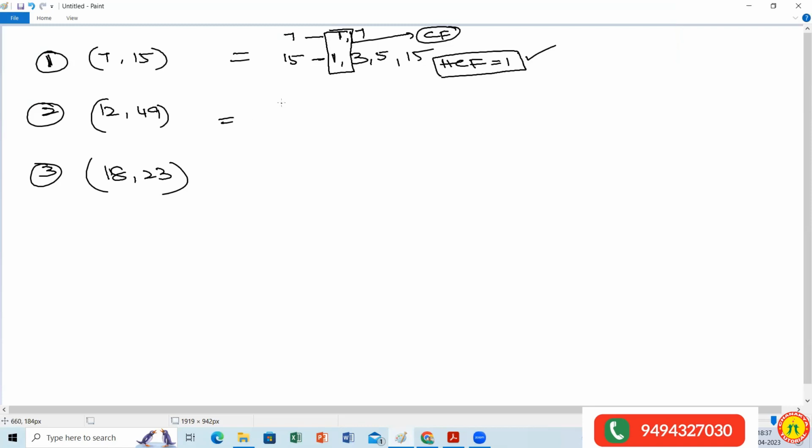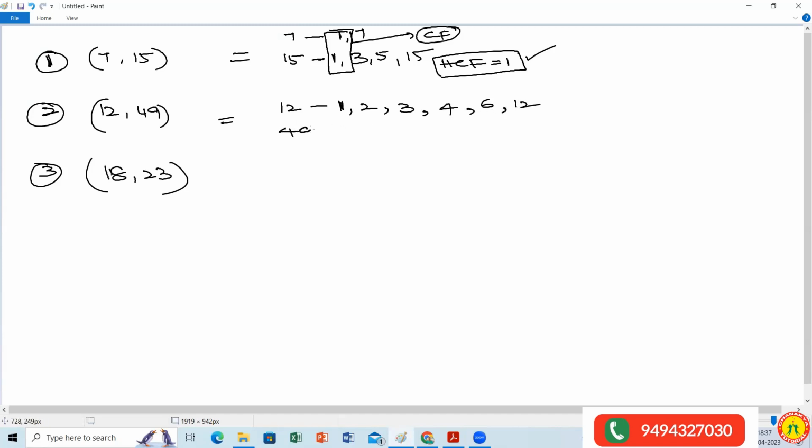Same way for 12, the factors of 12: 1, yes, it is divisible by 2, table. Yes, it is divisible by 3, rule. So 3 is also a factor. It is divisible by 4, so 4 is a factor. It is divisible by 6, so 6 is a factor. Then the next factor is 12.